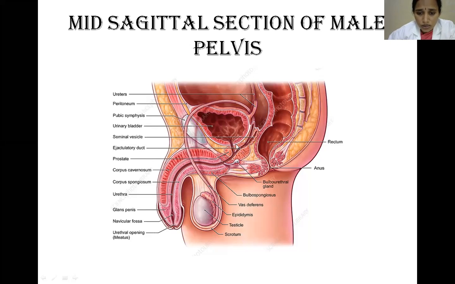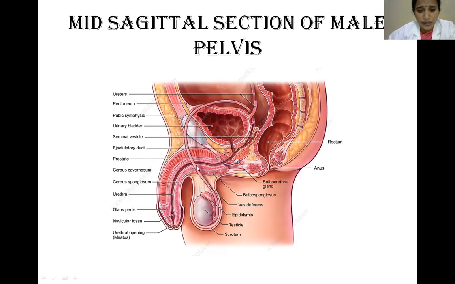So this massive structure, which is present below the bladder, is nothing but the prostate gland. And here this accessory gland you consider the bulbourethral gland.